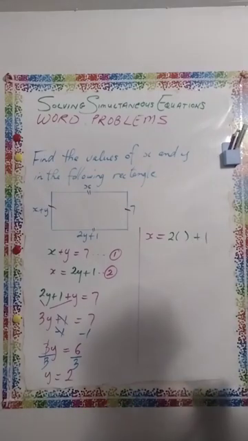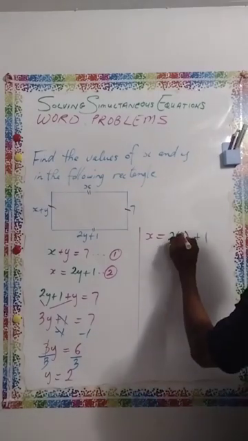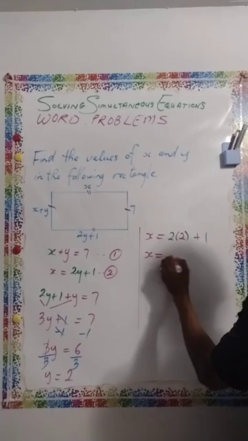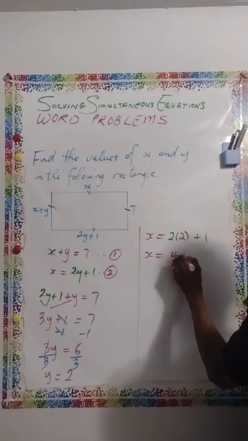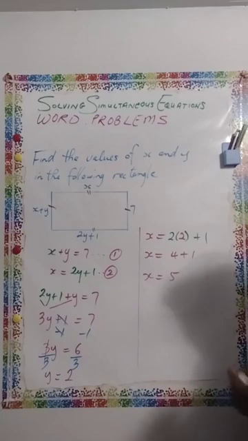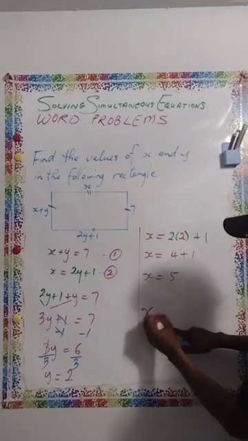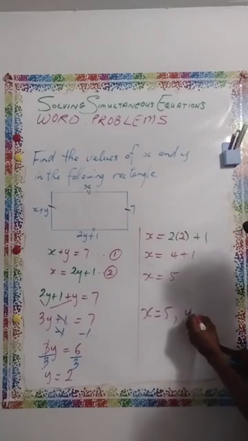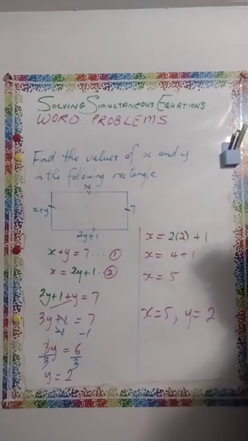But y is what? Y is 2. So now x is equal to 2 times 2 is 4 plus 1. So x is equal to 5. So we can go through and say that x is equal to 5 and y is equal to 2.